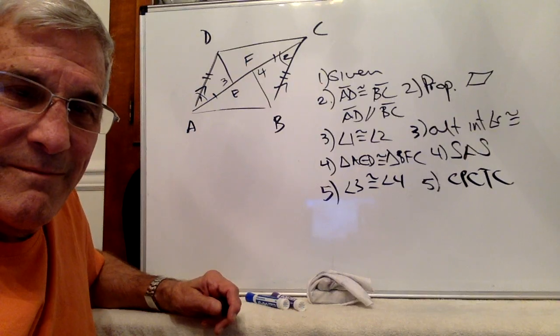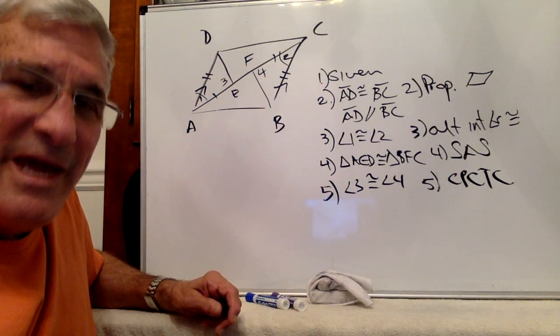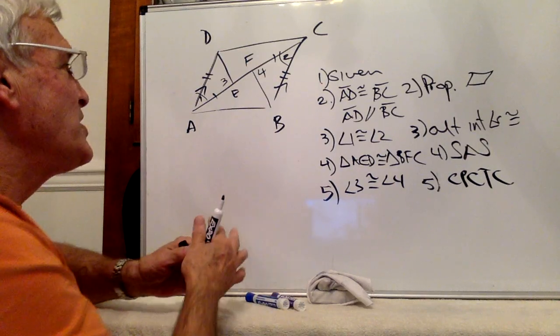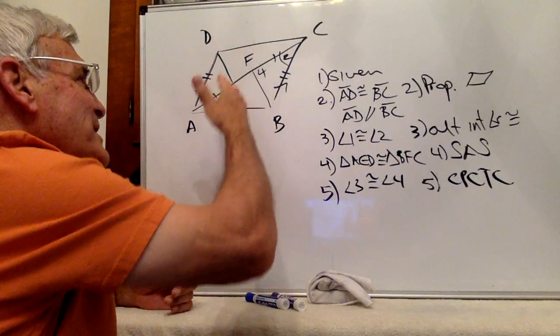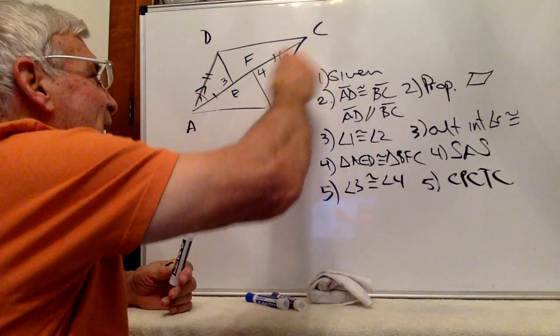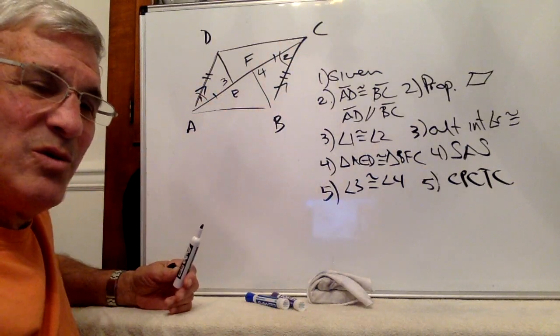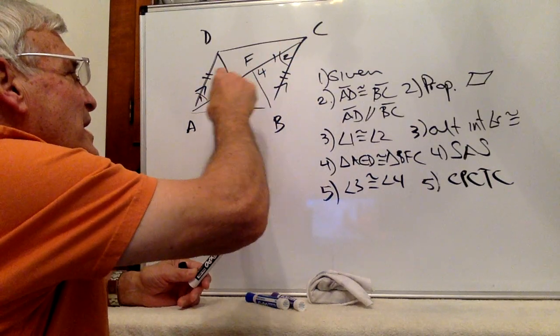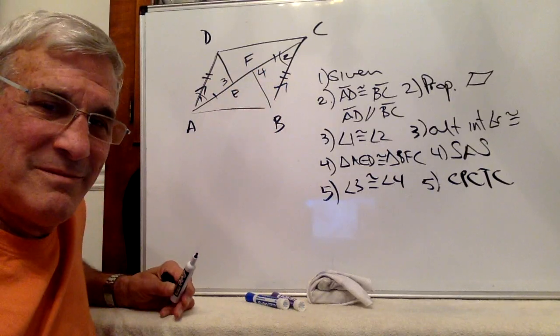CPCTC. And with respect to the two little line segments, using AC as a transversal, these are alternate exterior angles.